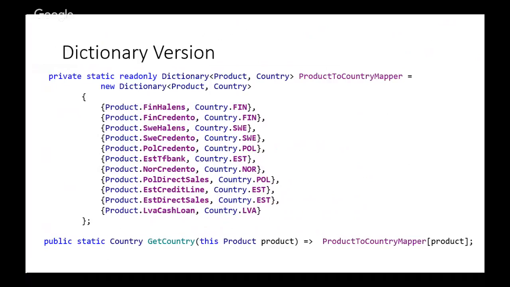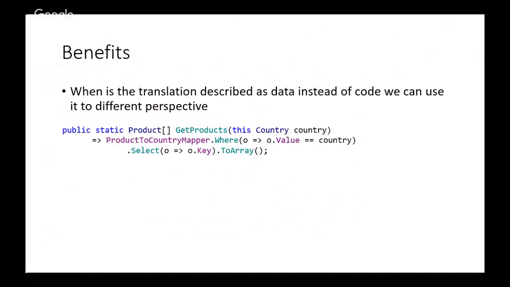By my opinion, there is not a very big difference in readability between these two codes, but this code has one big advantage. We changed the code into something which is more like data. So afterwards we can do things like that.